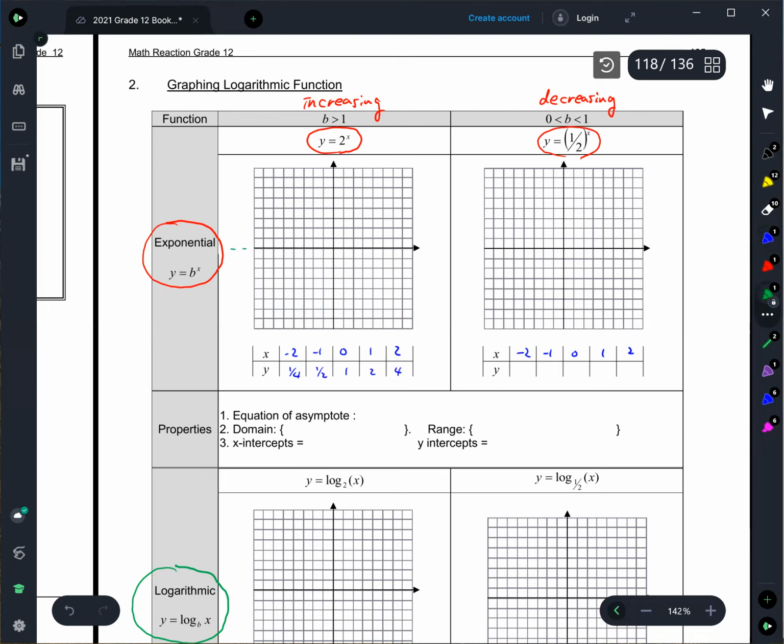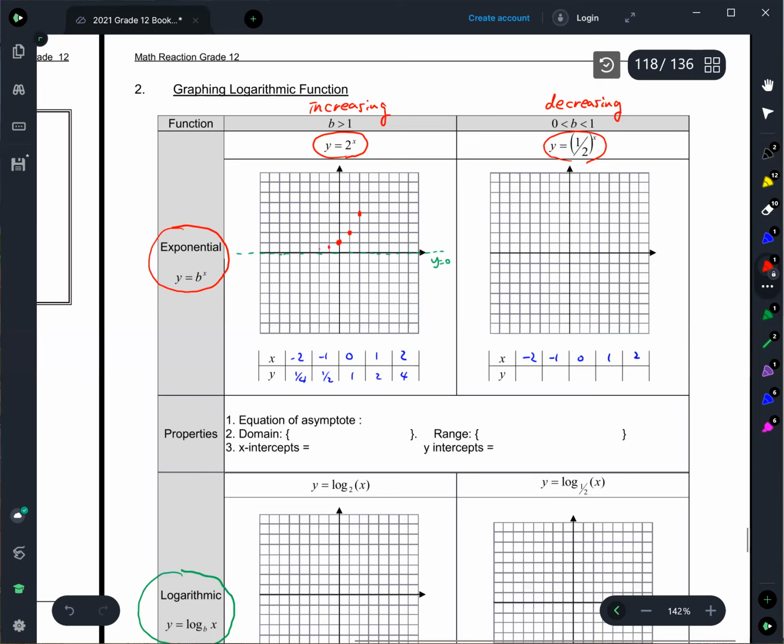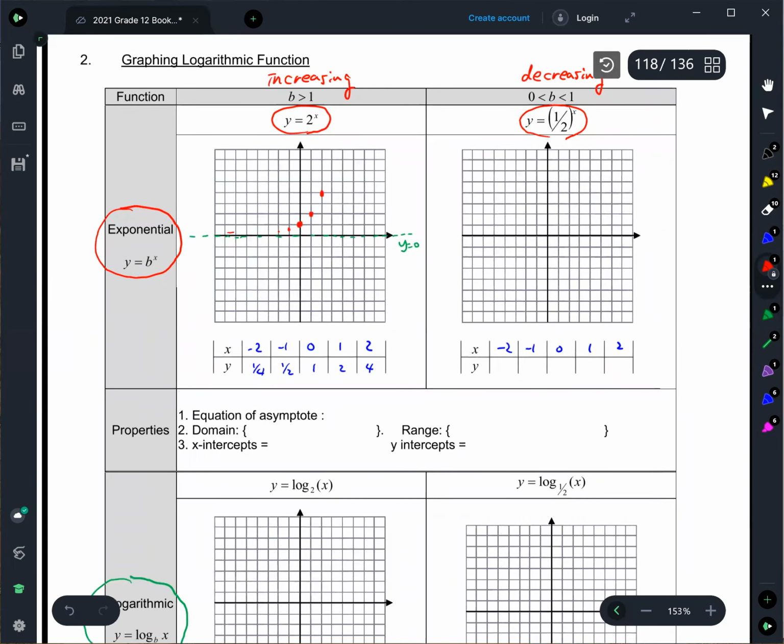We have an asymptote on the x-axis, which is y equals 0.